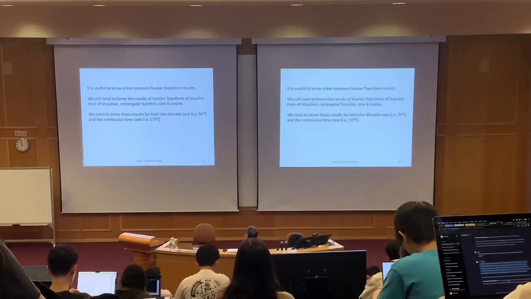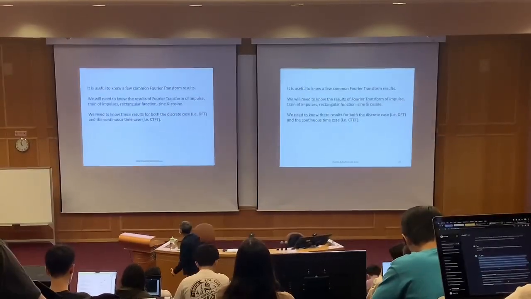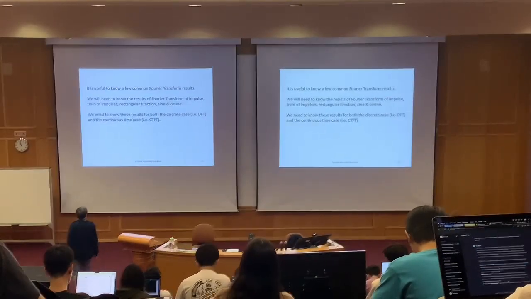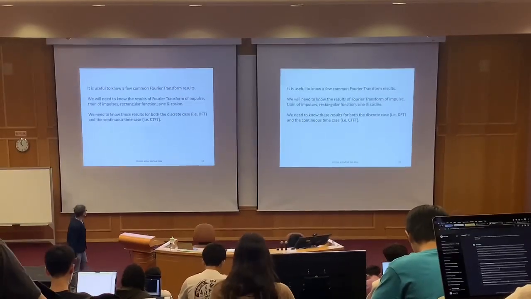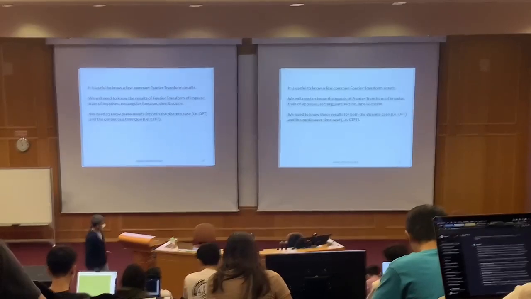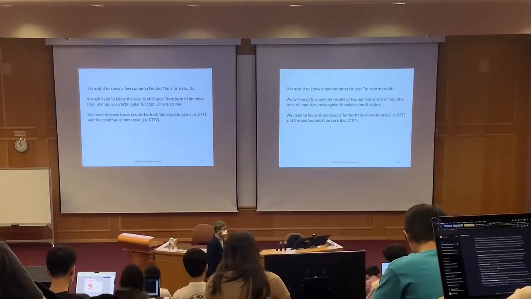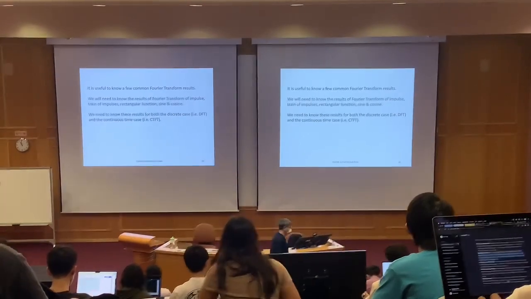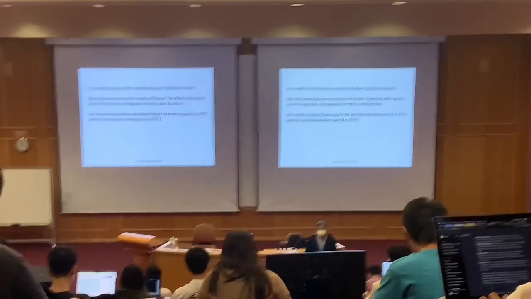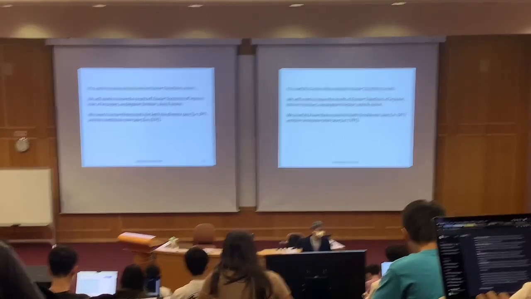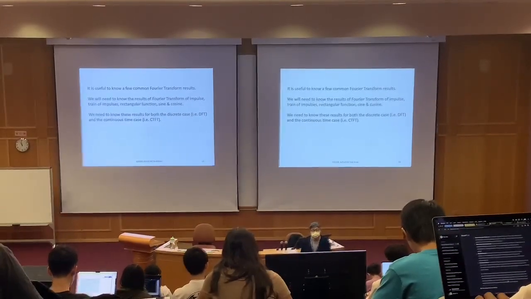We will need to know the Fourier transform of an impulse, a train of impulses, a rectangle function, sine, and cosine. We need these results for both the discrete Fourier transform and the continuous time Fourier transform. Later on, we'll understand what is meant by impulse. We take a break now, we come back at 11.